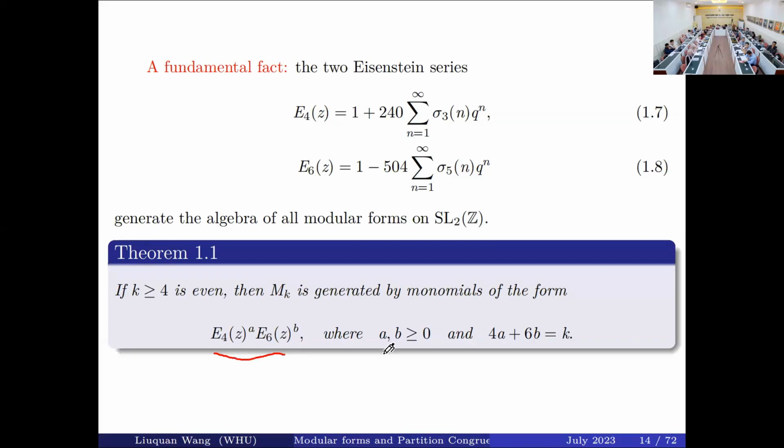Here a and b are greater than or equal to 0, and 4a plus 6b equals k. This is because the weight of E4 is 4 and the weight of E6 is 6, so the weight of this product must be 4a plus 6b. And for this product to lie in this space, we must require 4a plus 6b equals k. This is why we have such a restriction.